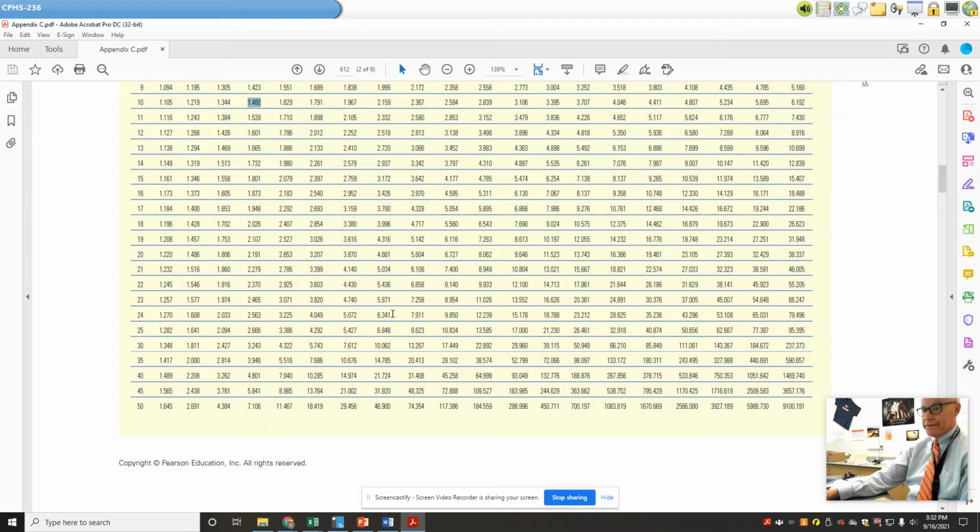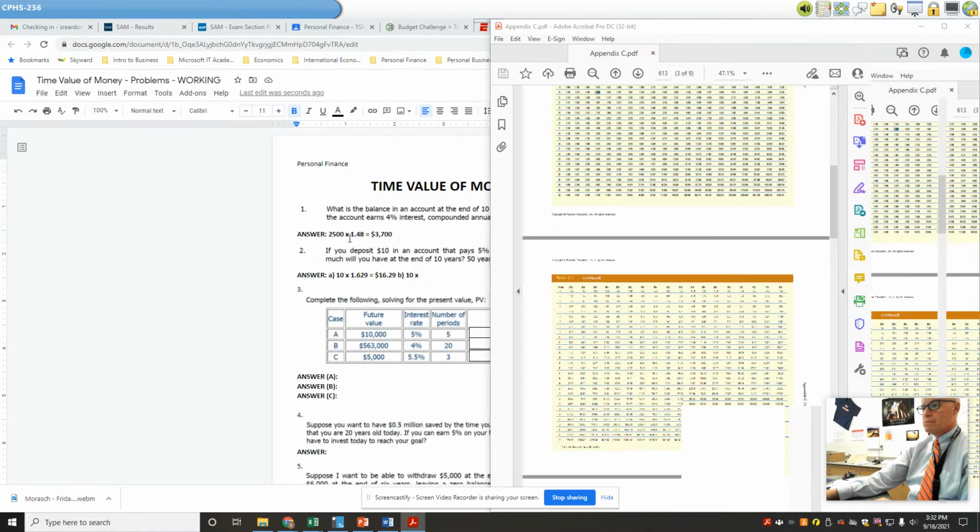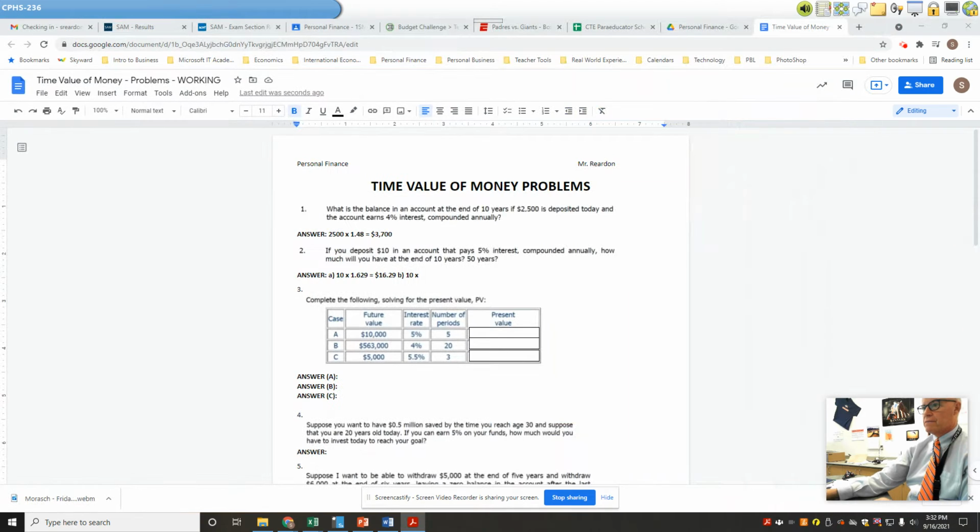It's going to grow a lot in 50 years with compounding. So we're going to have $114.67. A $10 investment will turn into that after 50 years with annual compounding.